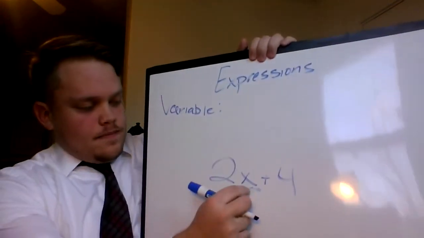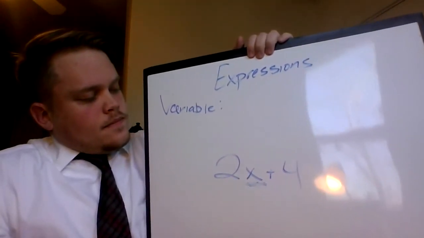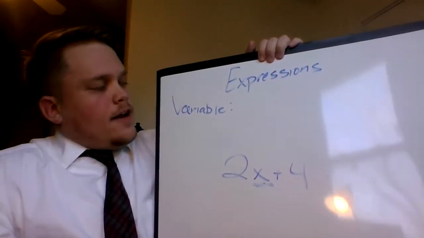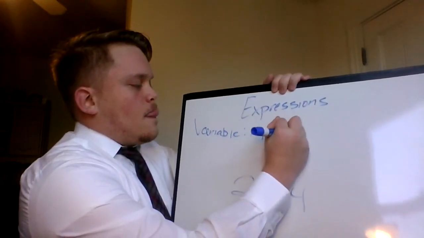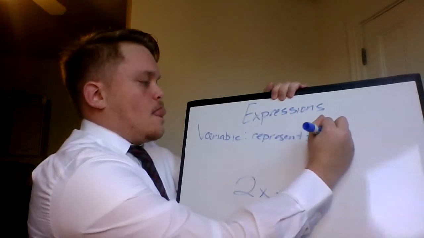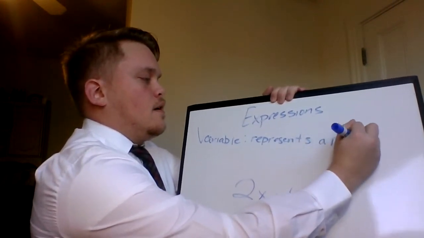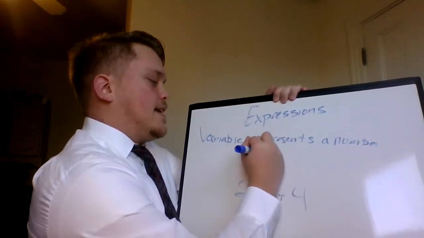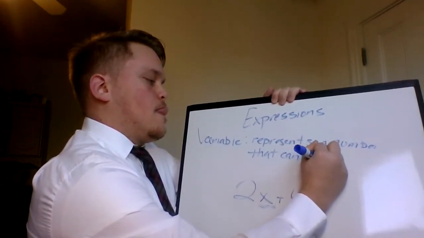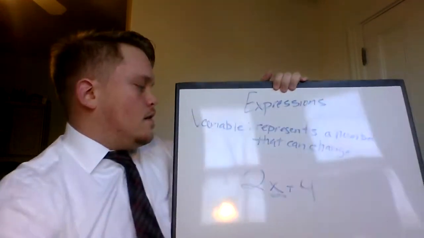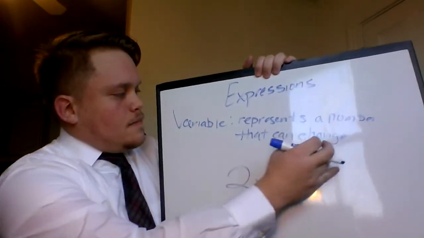It's called a variable. A variable represents a number that can change. Variable means it can change.